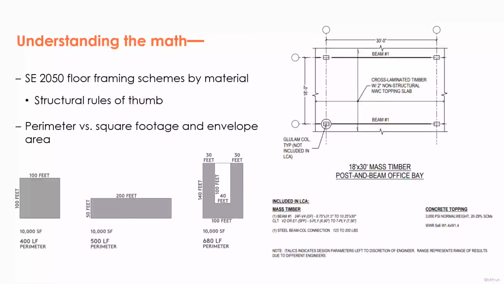So we just wanted to add a note on understanding the math, as we're calling it. Some of the ways that we are trying to increase precision and, in general, develop that background math for this redevelopment: we are using SE 2050 as a resource for figuring out what these structural quantities should be, whether you're mass timber or concrete or a steel building.